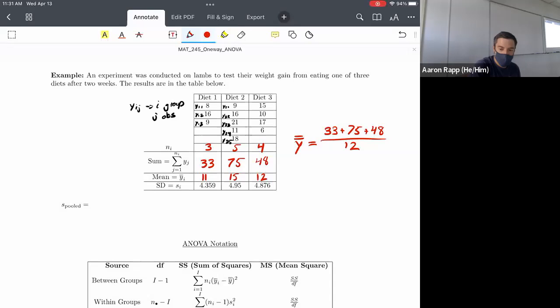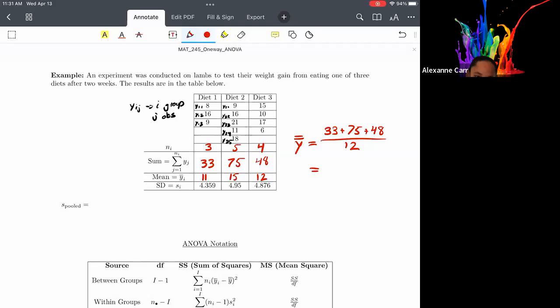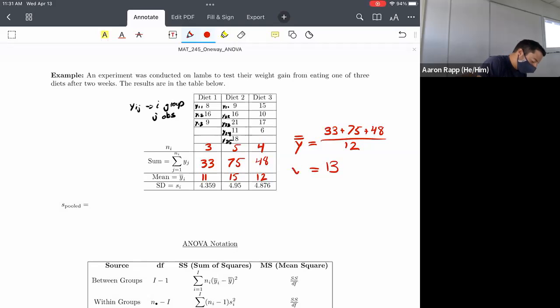So I take 33, add 75, and add 48, and divide it by 12, and what am I going to get? 13. So I get that the grand mean for all of this data is 13.